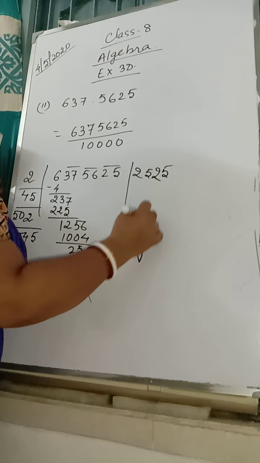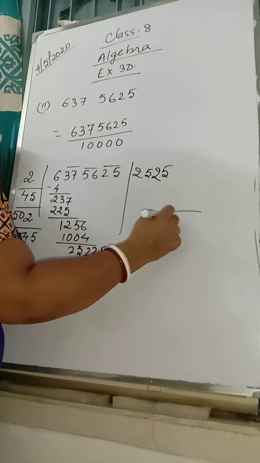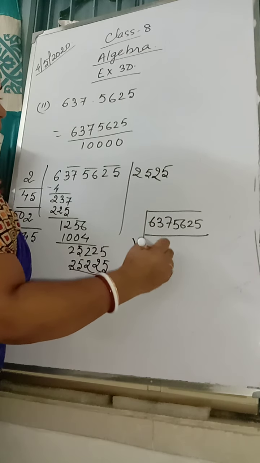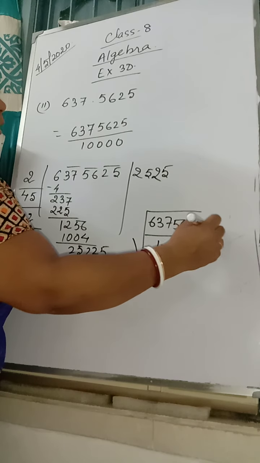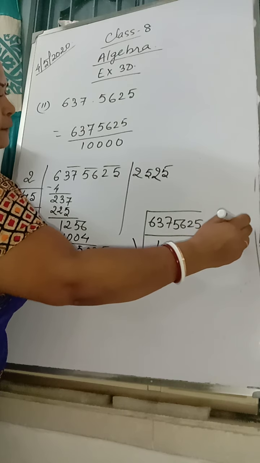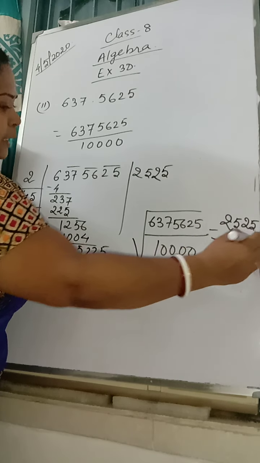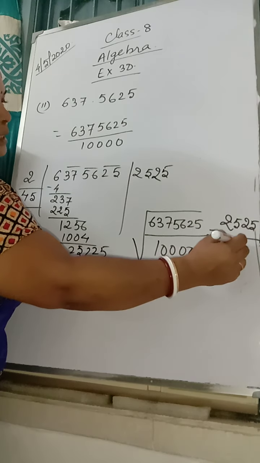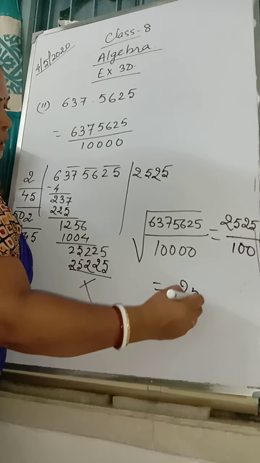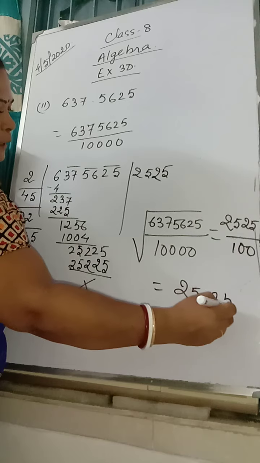So we can write it: 6375625 by 10,000. Now this one's square root we have got as 2525, and the square root of 10,000 is 100. So the answer will be 25.25.